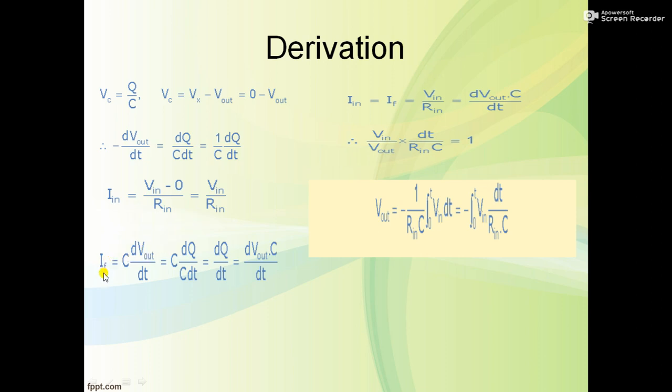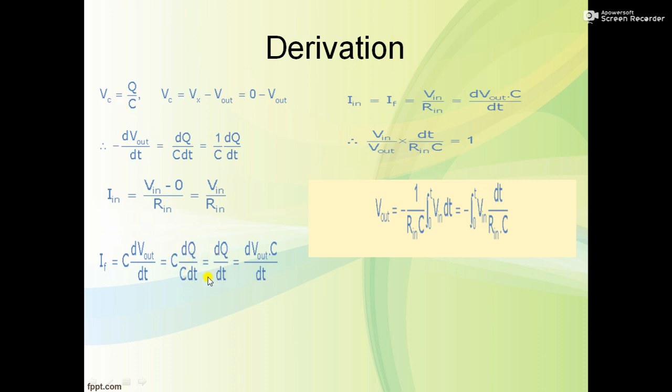Similarly, one more current is flowing through the feedback network, that is through the capacitor. That feedback current is given by C into dVout by dt, or C into dq by C into dt, according to this equation.